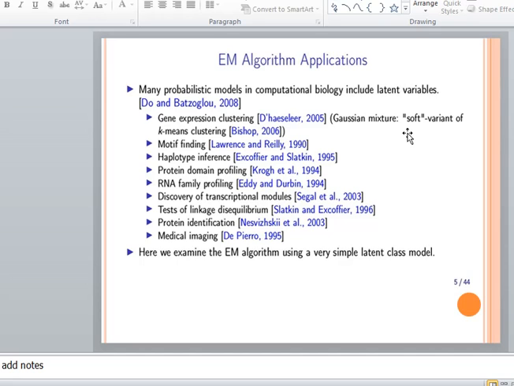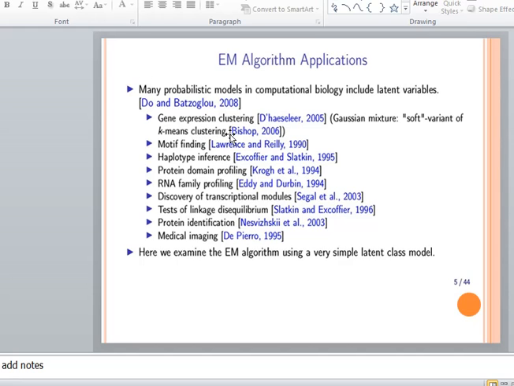So in order to have some motivation, here are some of the practical applications which are using EM algorithms. Many probabilistic models in computational biology include latent variables, right? These are the most commonly used applications. One is gene expression clustering.